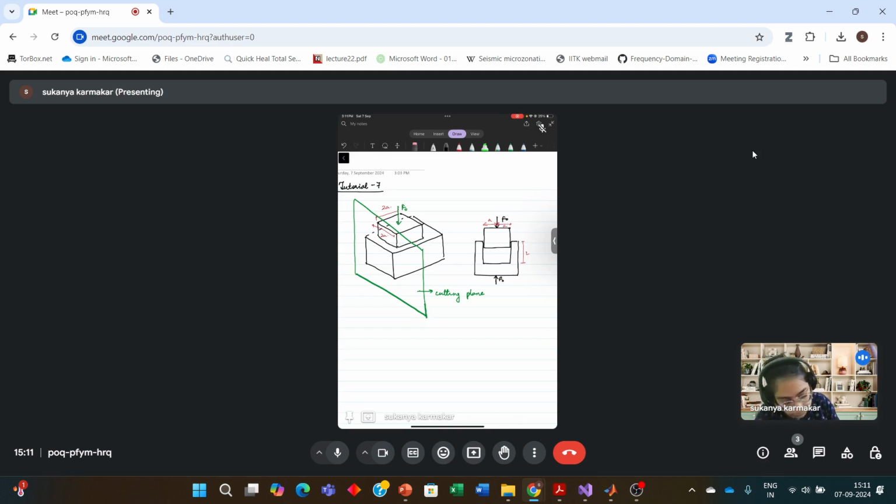The material present inside has Young's modulus E and Poisson's ratio nu. And you have found that the block moves inside by an amount C. You have to calculate the magnitude of force F naught.